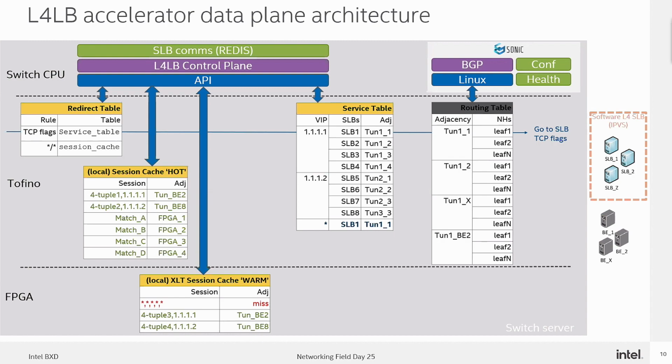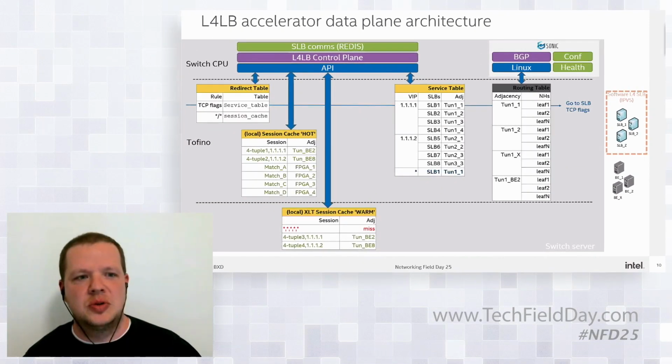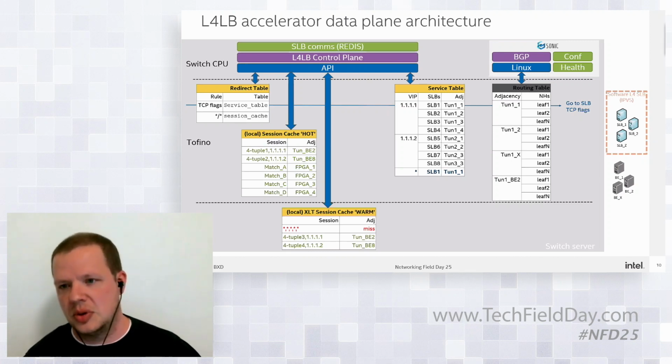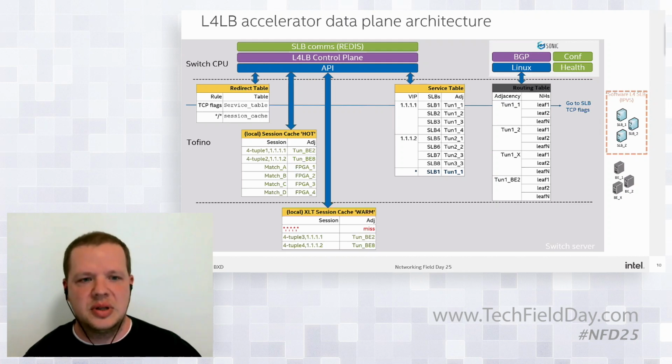The strength of P4 and Tofino is in the ability to handle arbitrary tunnel stacks and encapsulation protocols. So even if it doesn't offer that capability from the get-go, there's always a possibility to provide it as a field upgrade. So all the different encapsulations and tunnels, that's very easy and straightforward.